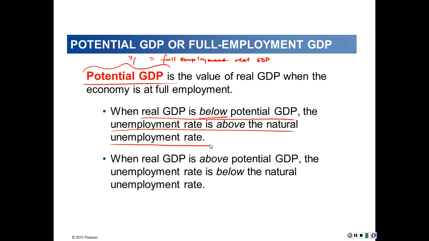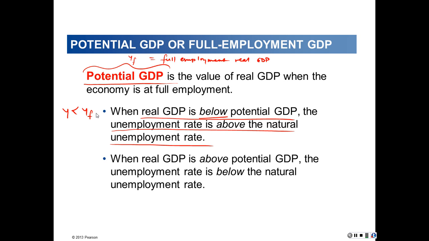Because it takes workers to produce GDP. So if Y, actual GDP, is less than full employment GDP, this will mean that employment is less than full employment. It takes fewer workers to make a smaller amount of GDP. And if employment is less than full employment, this must mean that the unemployment rate is greater than the natural rate of unemployment.